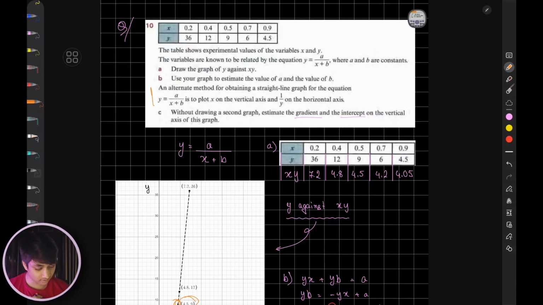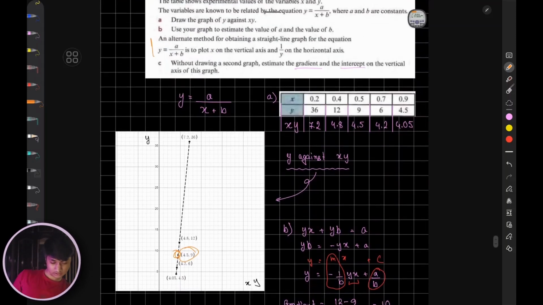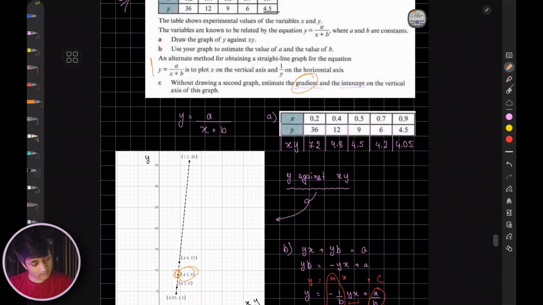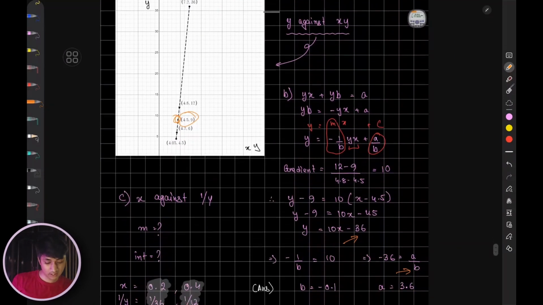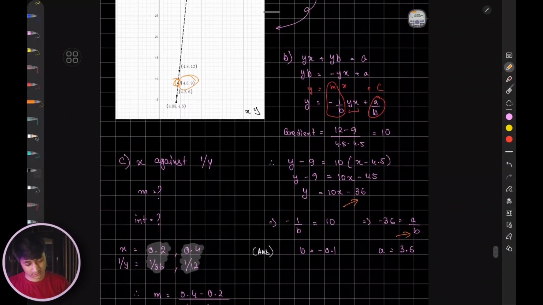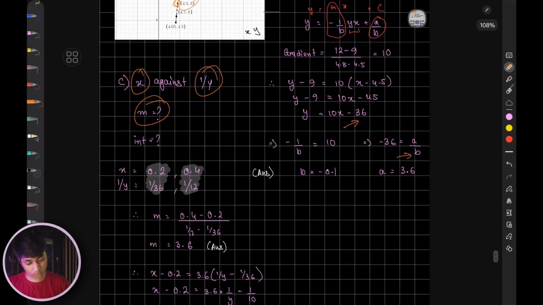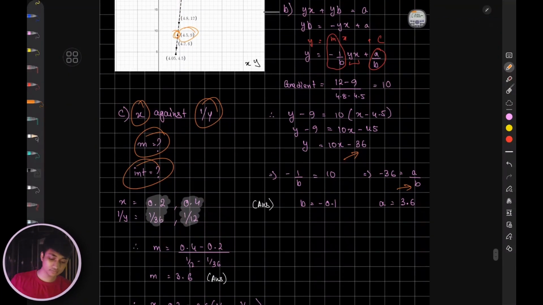Without drawing a second graph, estimate the gradient and intercept on the vertical axis of this graph. Okay. So they're asking you to find out the gradient and intercept on the vertical axis of this graph. So what they're asking you is x against 1 by y. What is going to be the gradient and what is going to be the intercept?